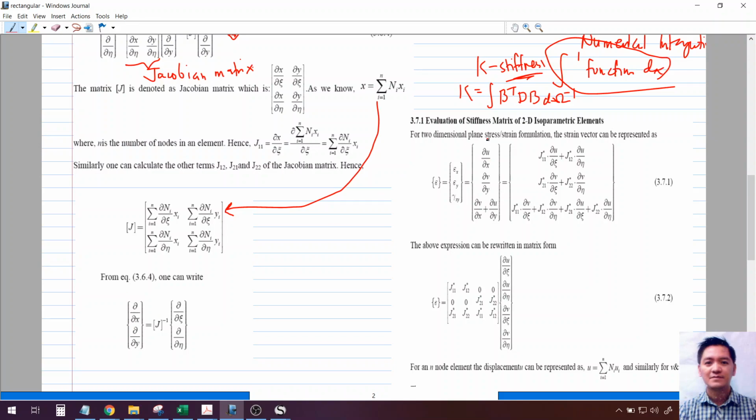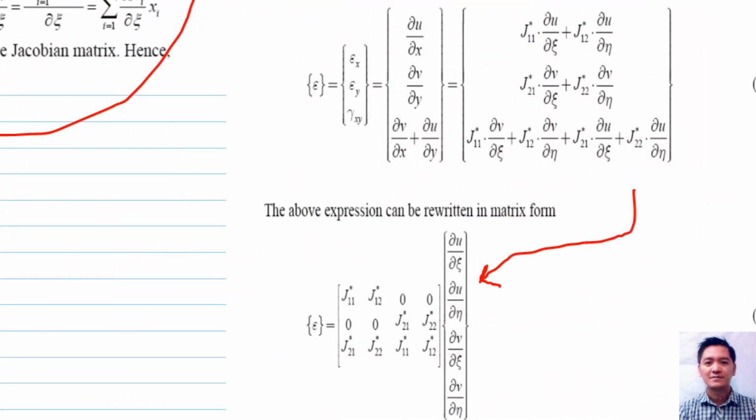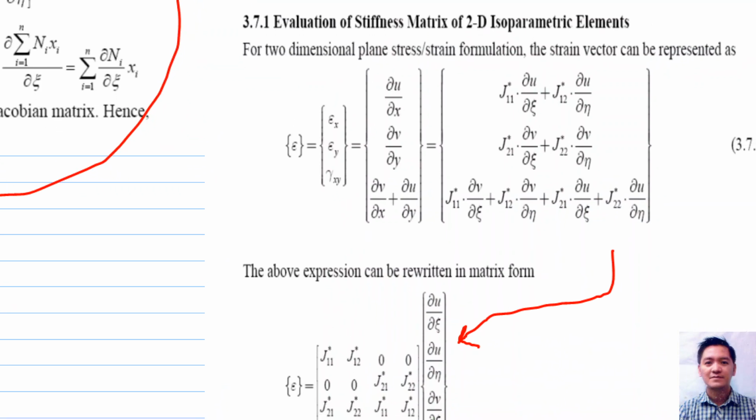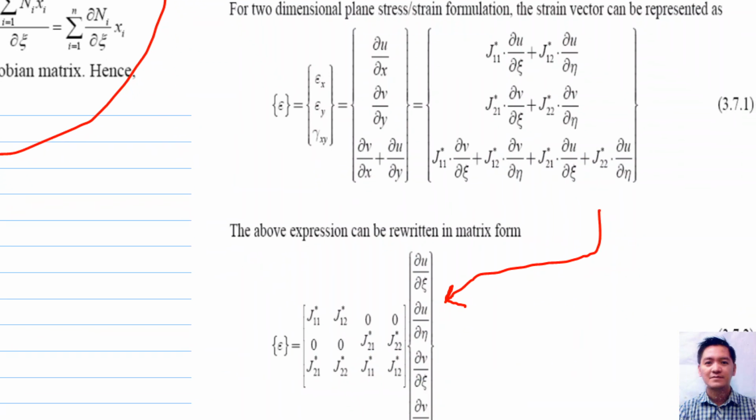Okay. From the partial derivatives from real world coordinates, ito yung itsura niya. This is the partial derivatives to a natural coordinate system. Okay, so we will further extract yung Jacobian nito inverse.